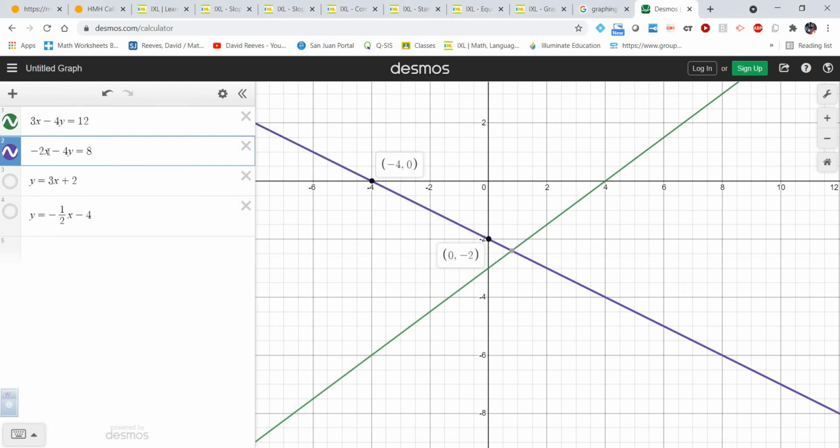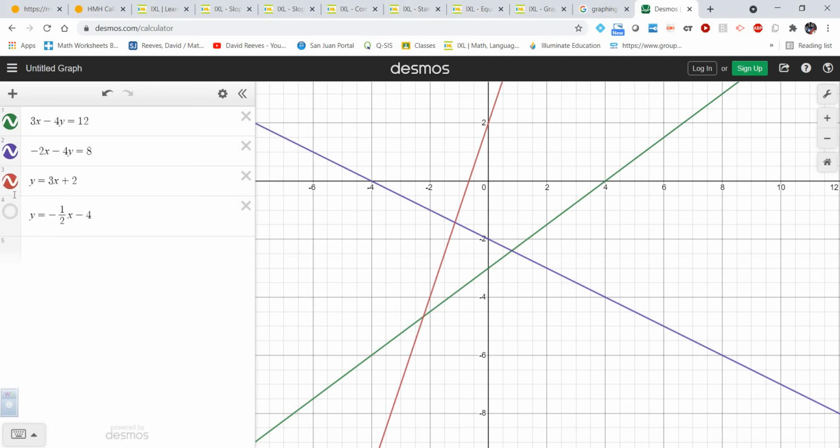If I put in 0 for x, that first part is gone. Negative 4y equals 8, so y is negative 2. And to find the x-intercept, you put in 0 for y, you get negative 2x equals 8, so x is negative 4. Again, that's 2 points that make it true. Draw the line through them, and all the rest are true.